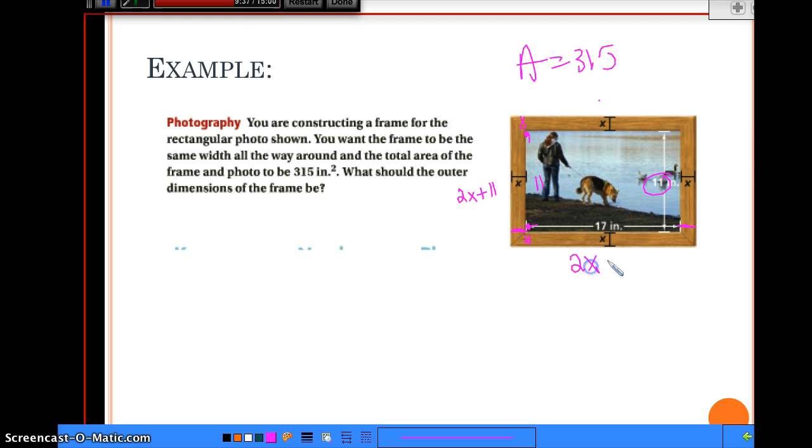That would be 2x plus 17 would be the length. So I know if you multiply the length times the width, I will end up with the area.